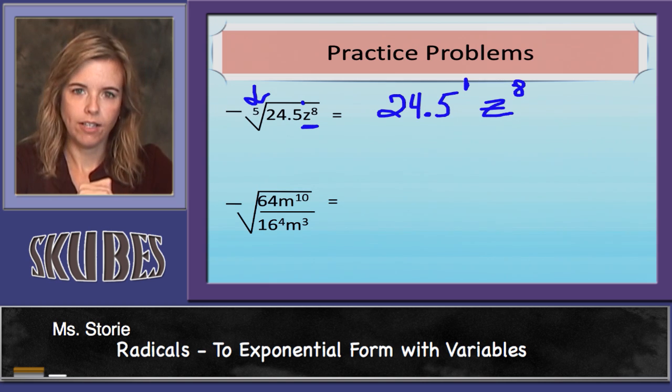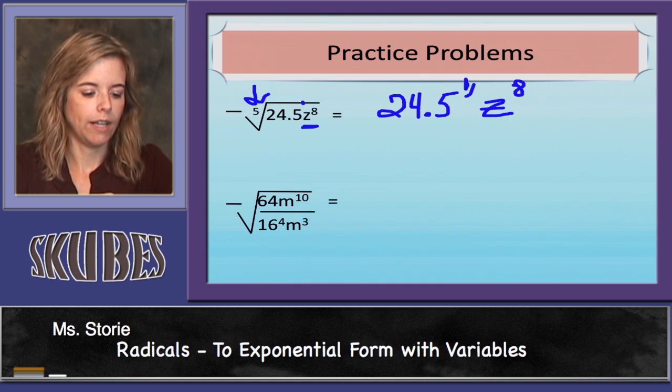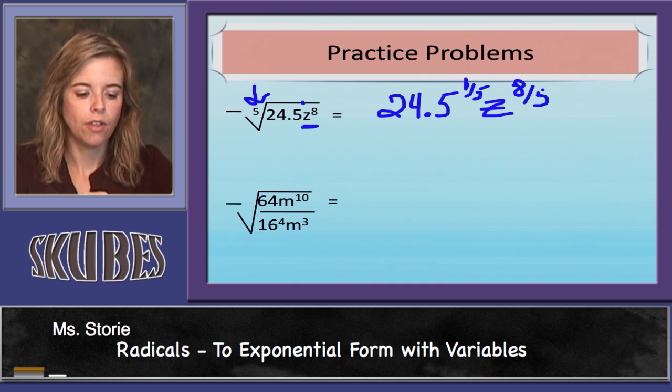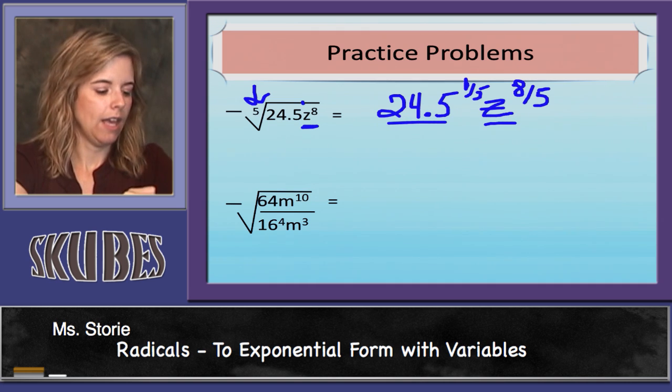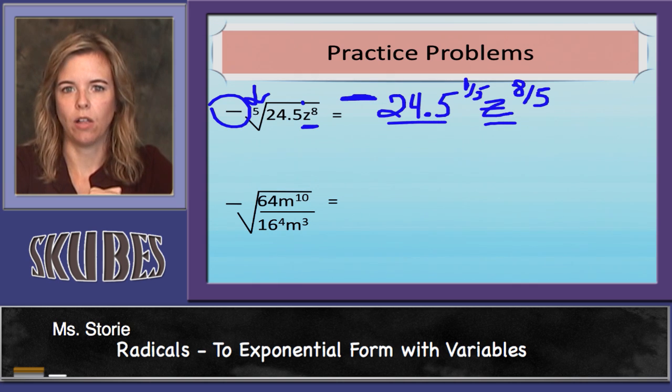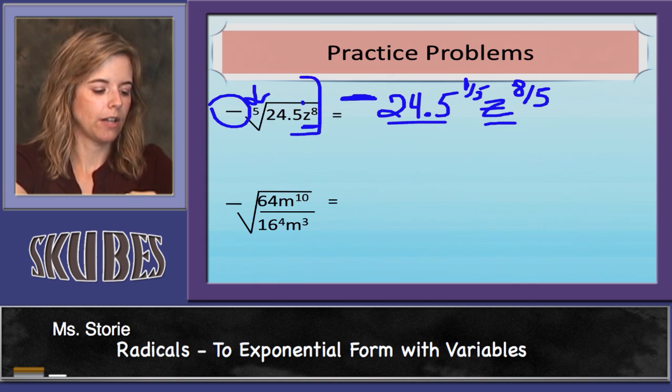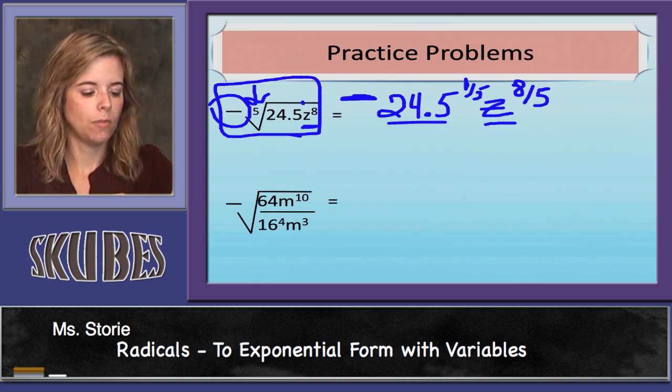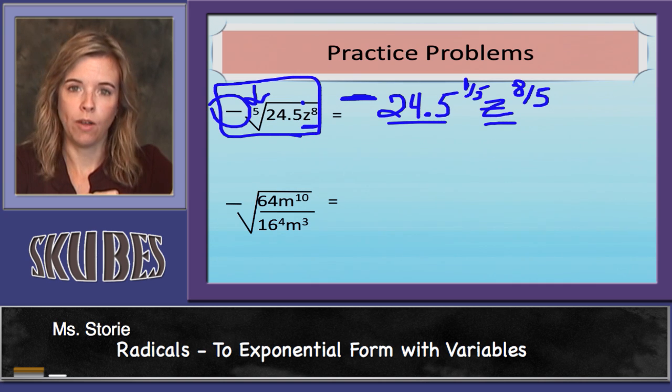They did give us an actual index, so we're writing it as 5 on denominator position for both the variable and the coefficient. And you also have a negative sign, so the negative sign needs to also go into your answer as well. So it turns out that this radical converted to exponential form is negative 24.5 to the 1/5 times z to the 8/5.